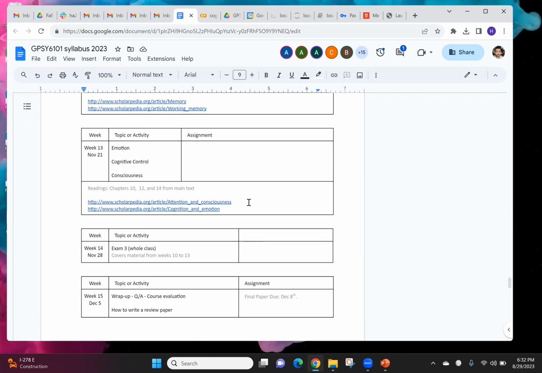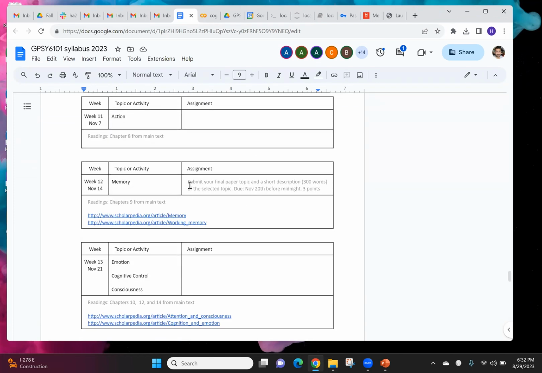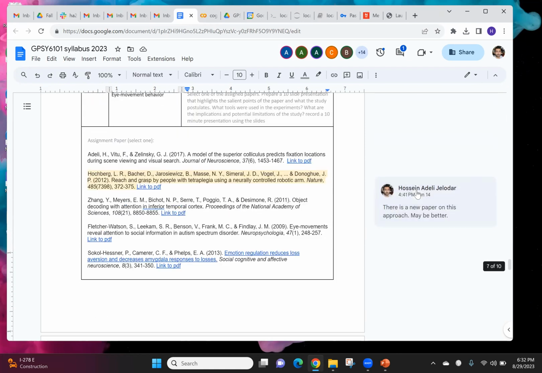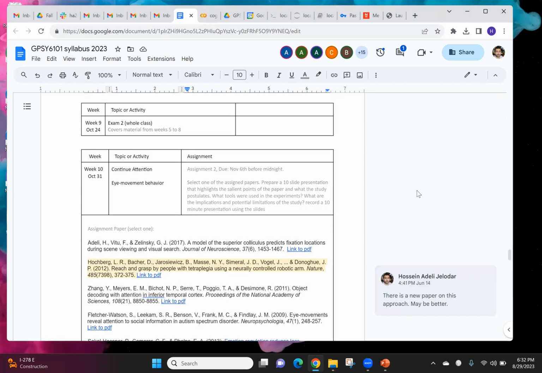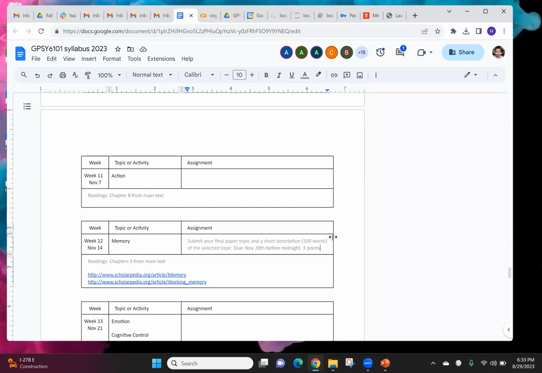The paper has two parts to it. One is that I want you to submit your idea earlier. Now, your conversation with the TA should start prior to that. So maybe after your second exam, which is late October, that's when you should start, because you don't have any more assignments at that point.